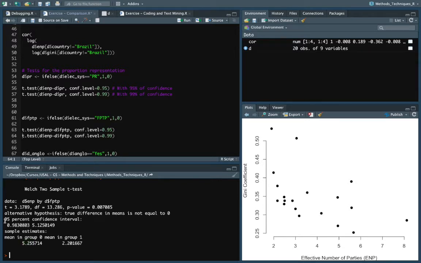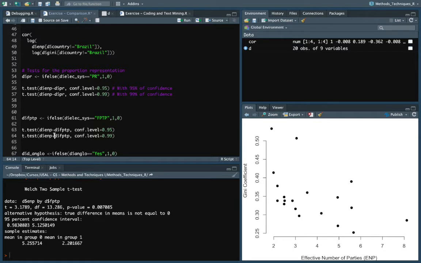The 95% confidence interval shows the other groups are between 1 and 5 parties higher than first past the post.